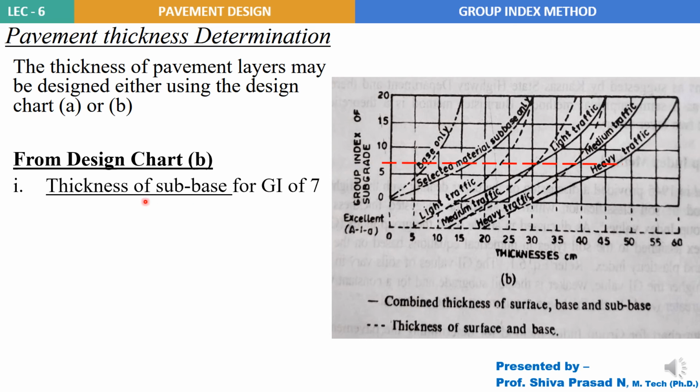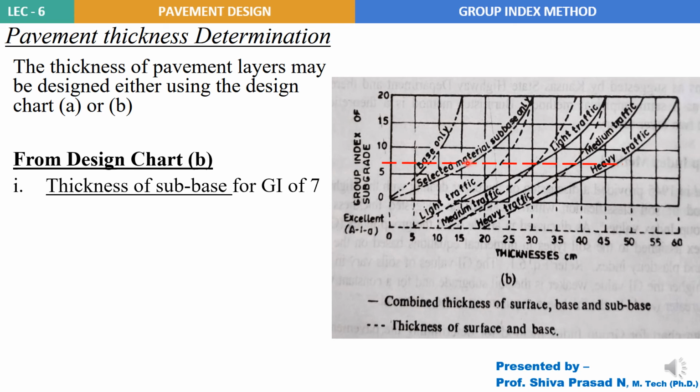So in this thickness of sub base, which curve should I choose? See, the first curve is base only, it is written over here. Next, the curve is selected material for sub base only. So thickness of sub base for group index of 7 works out to be this point on the curve for sub base only.